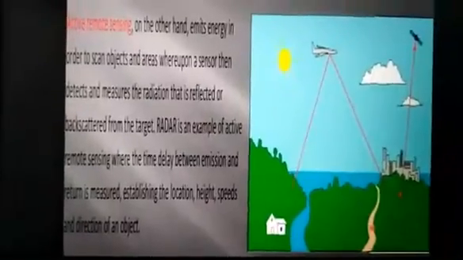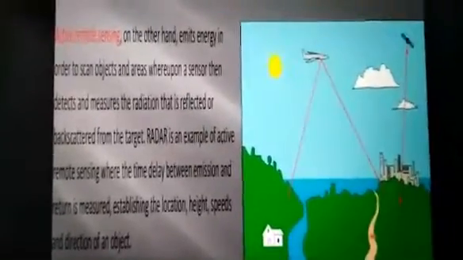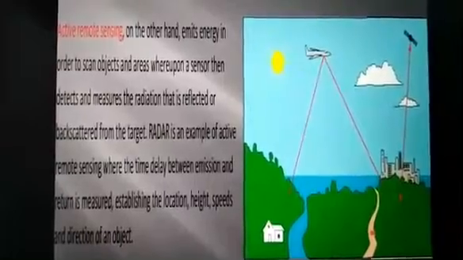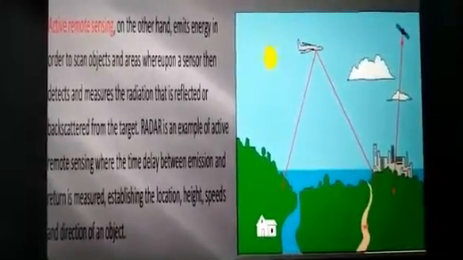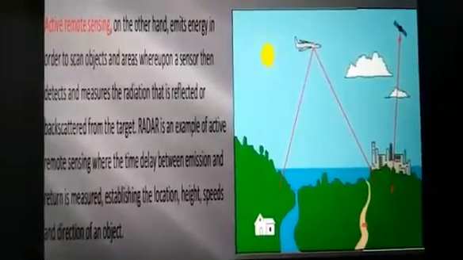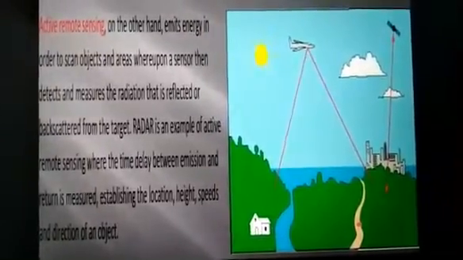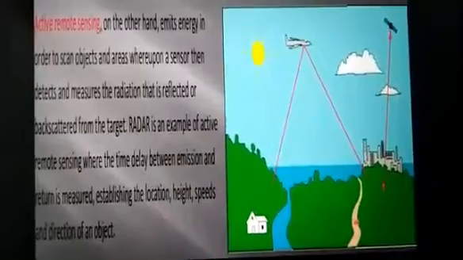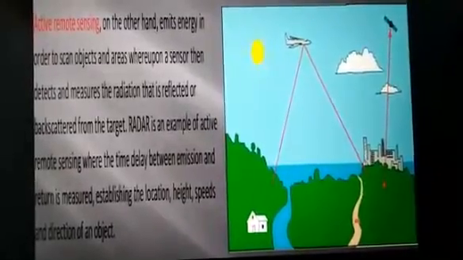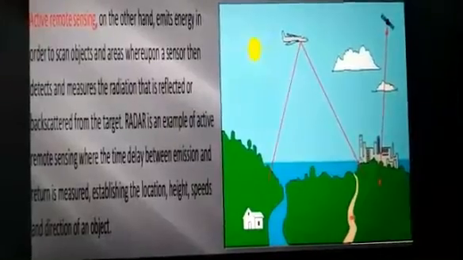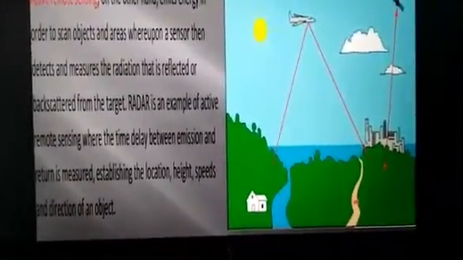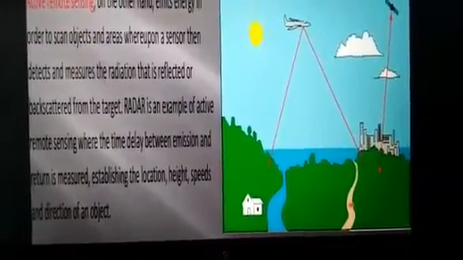We have active remote sensing. On the other hand, it emits energy in order to scan objects or areas, whereupon a sensor then detects and measures radiation that is reflected or backscattered from the target.